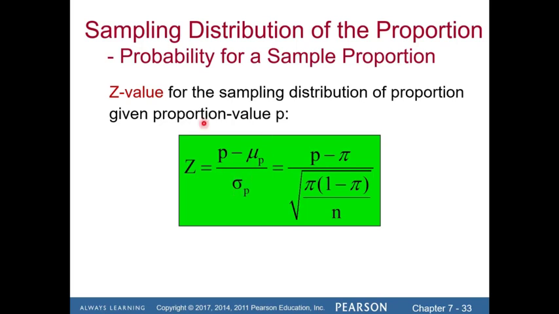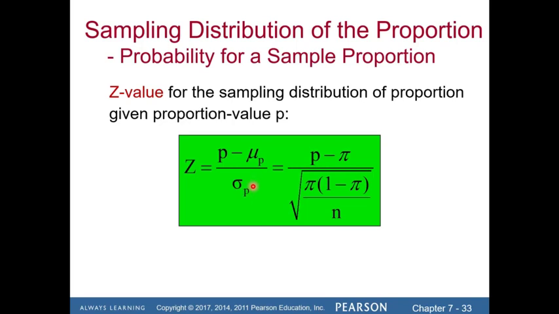This is very similar to the z-value that we use for the normal distribution, where we have x value minus population mean divided by the standard deviation of population. But here we replace x with little p.